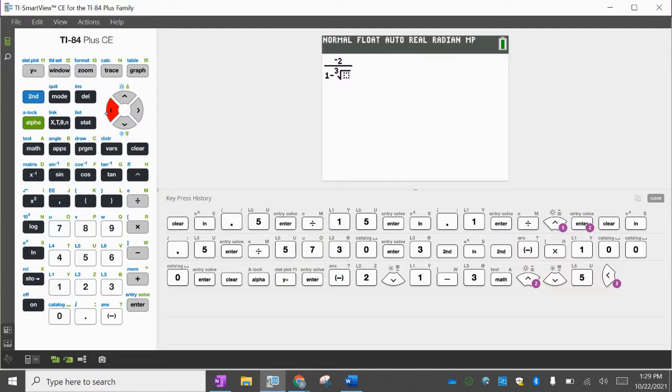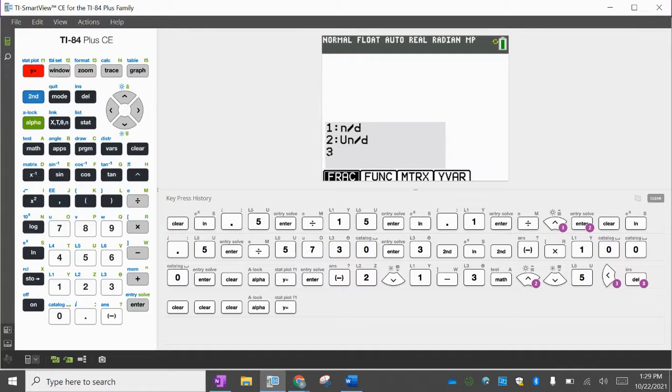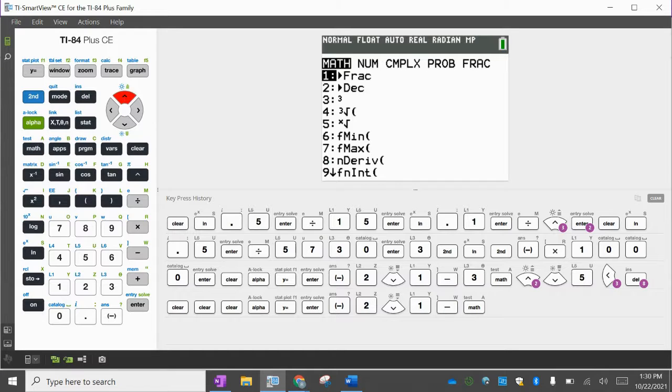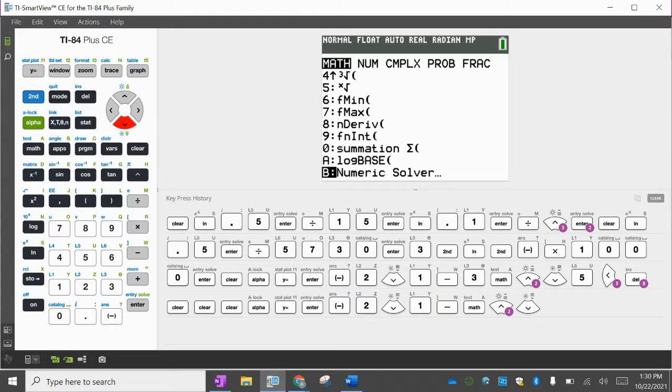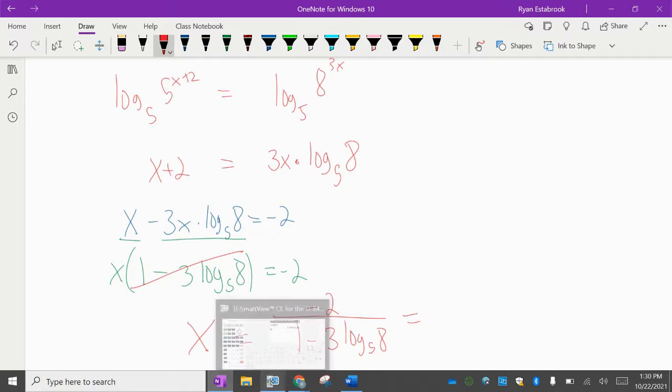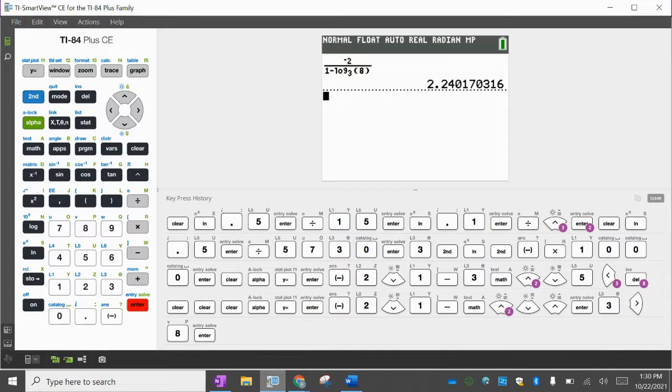Oops. Alpha y equals. I chose the wrong base. Wow.